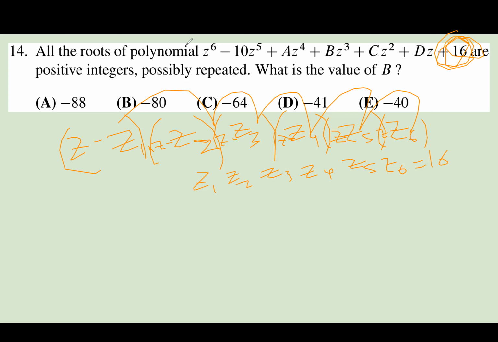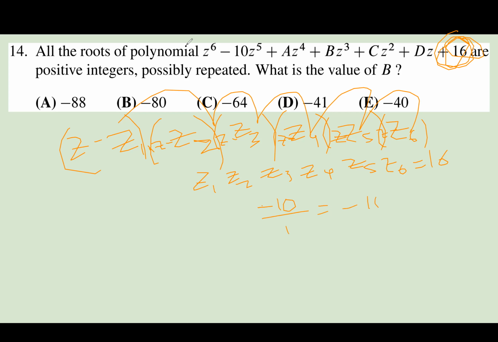Because it's a 6th degree polynomial, the coefficient of the 5th degree term is negative 10, and the coefficient of the highest degree term is 1.